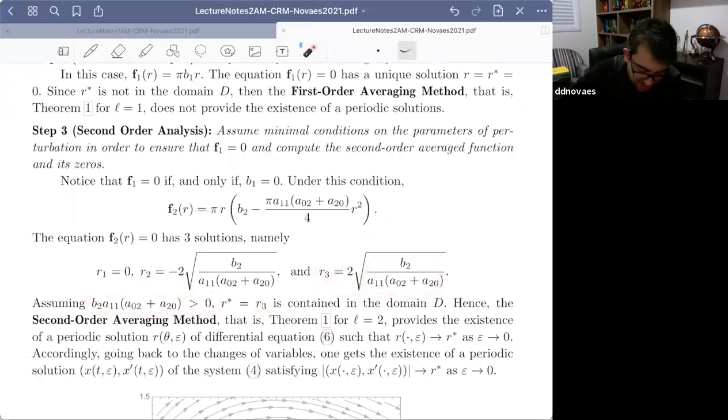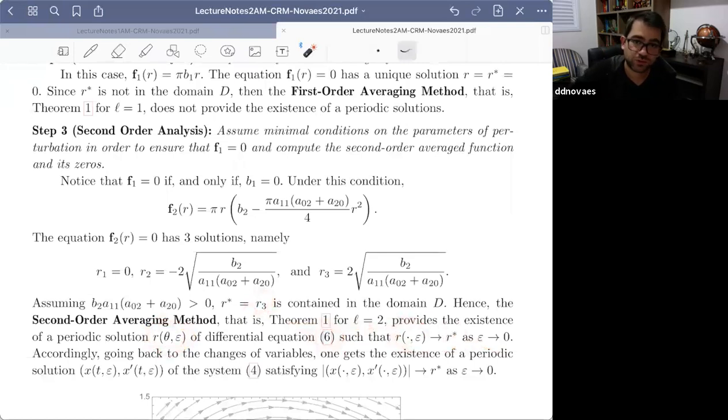So applying the second order averaging method, that is Theorem 1 for L equal 2, we obtain the existence of a periodic solution of the differential system 6, such that this periodic solution converges to R star, which is equal to R3, as epsilon goes to 0.